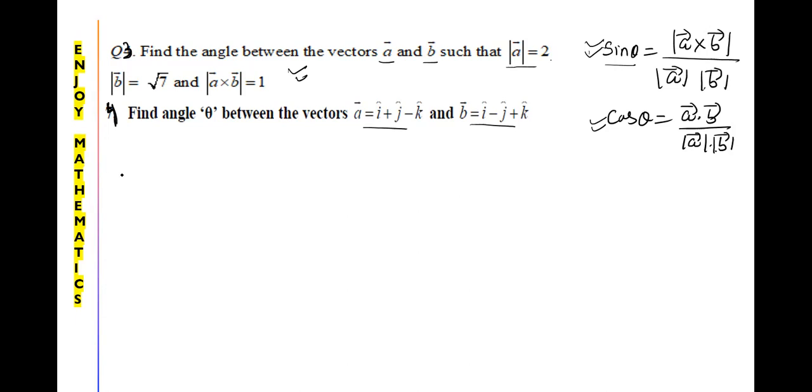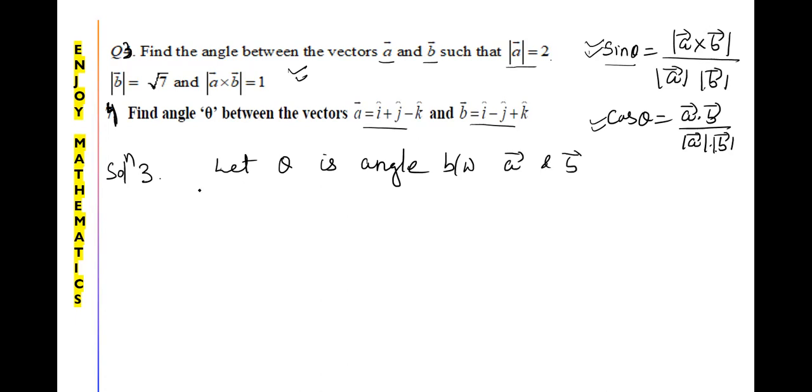Okay, so let's take question number 3. So solution 3 is, let theta be the angle between A and B. So you can use sin theta here.